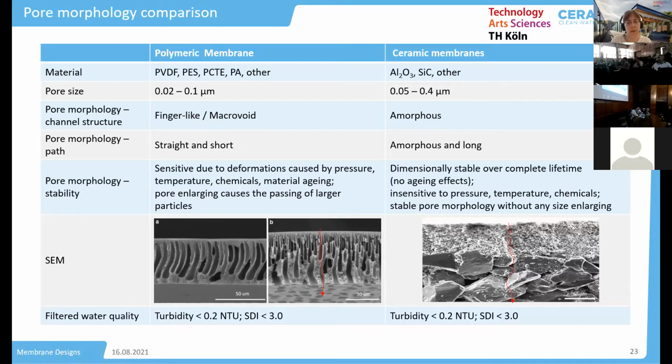You have a lot of very tiny particles sintered together, and the ceramic membranes are insensitive to pressure and pressure changes. You cannot compress them. They are insensitive to temperature. They will not enlarge, and they are more or less stable against chemicals. And so you have two completely different materials when you talk about polymeric membranes and ceramic membranes.